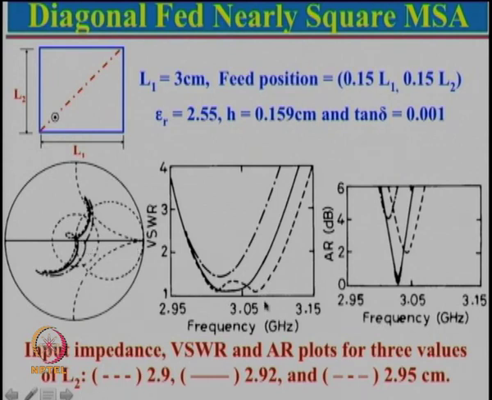And if the value is increased to 2.95, which is getting close to 3 centimeter, you can see that the loop has completely disappeared. If this is equal to 3 centimeter, there will not be even a bend here, and the response will be that of a square patch. Now, corresponding to this, let us first look at the axial ratio.